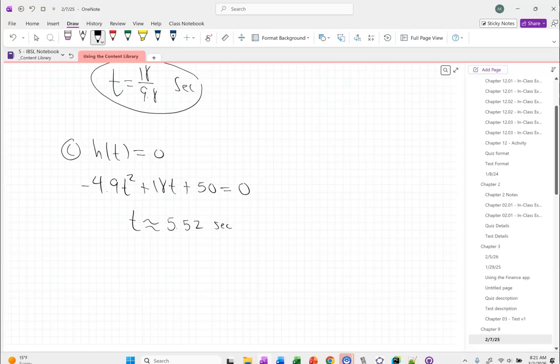That's the time in which we hit the ground. The question asks us for the velocity of the ball when it hits the ground. So what do I still need to do? Plug that t into my velocity equation.